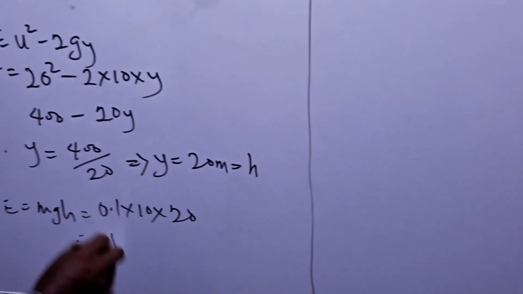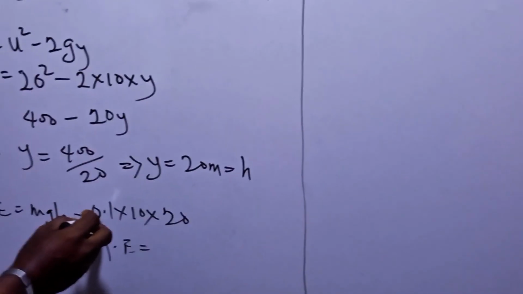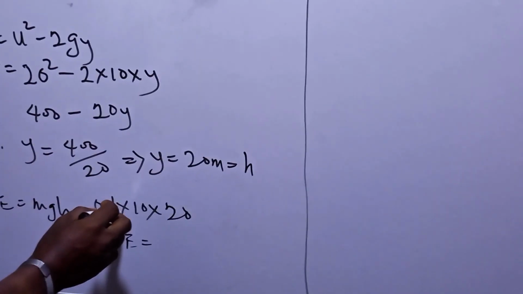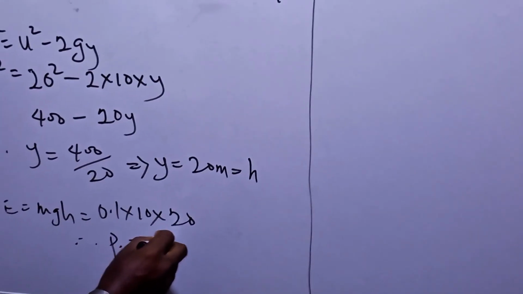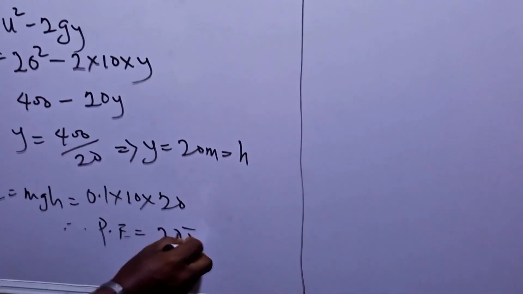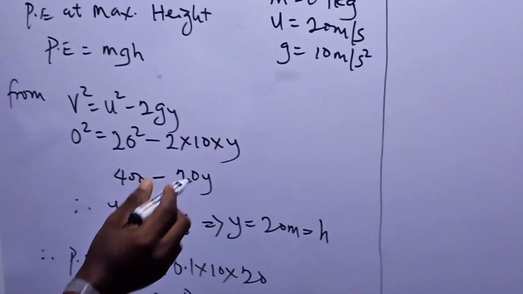Therefore, multiplying 0.1 by 10 and by 20, you have potential energy to be 20 joules. That's the answer to the first question, at the maximum height.